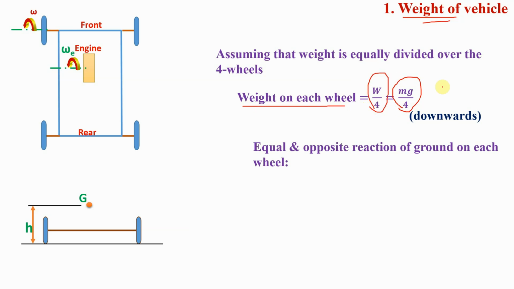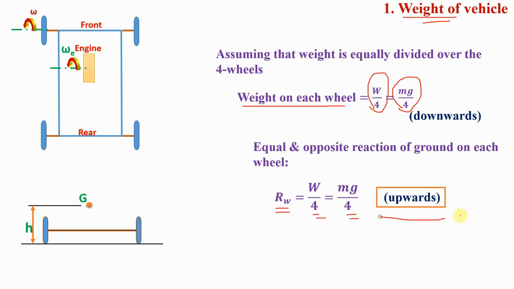Now equal and opposite reactions will be offered by the ground on each wheel. So we'll call that reaction Rw, the reaction offered by the ground on each wheel due to the weight of the vehicle. Rw is equal to W by 4, that is equal to mg by 4. Now these reactions will be upwards, opposite to the acting force.